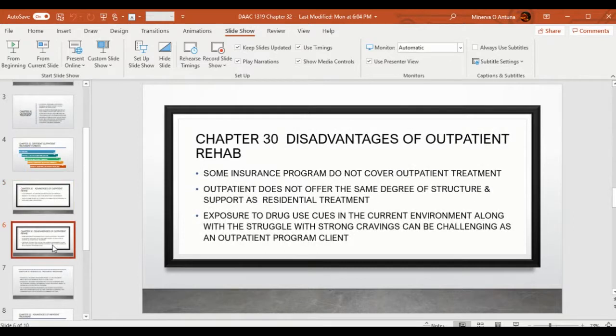And the next thing would be, if those were the advantages, are there any disadvantages? Well, some insurance programs do not cover outpatient treatment. They only cover inpatient. And so you would have to bear the cost there or work with them on a scholarship basis or whatever it is.